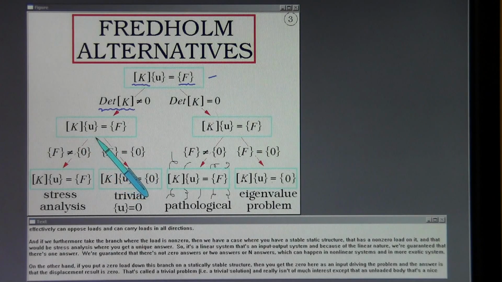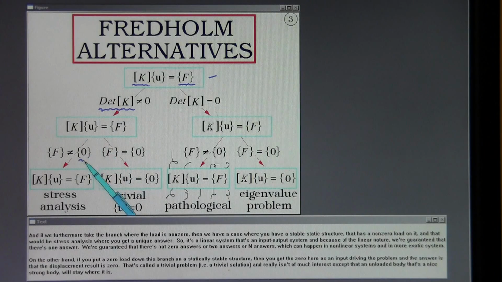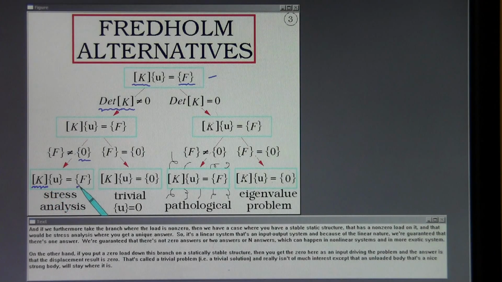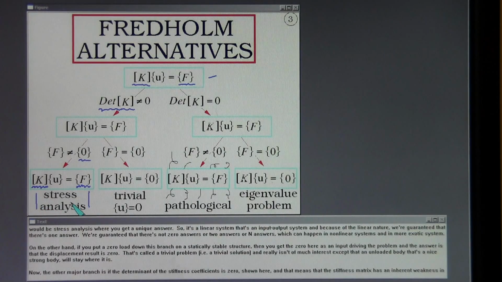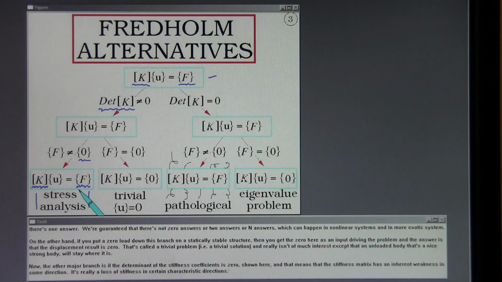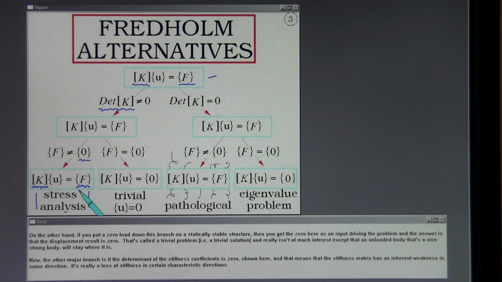And if we furthermore take the branch where the load is non-zero, then we have a stable static structure that has a non-zero load on it, and that would be stress analysis, where you get a unique answer. So it's a linear system that's an input-output system, and because of the linear nature, we're guaranteed that there's one answer. We're guaranteed that there's not 0 answers or 2 answers or n answers, which can happen in nonlinear systems and in more exotic systems.